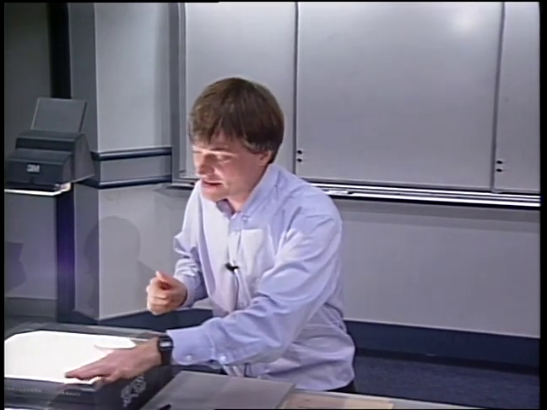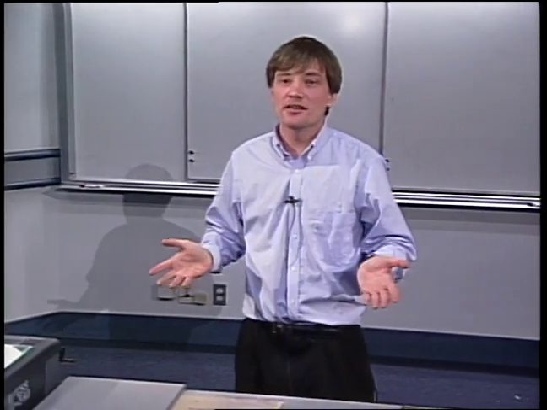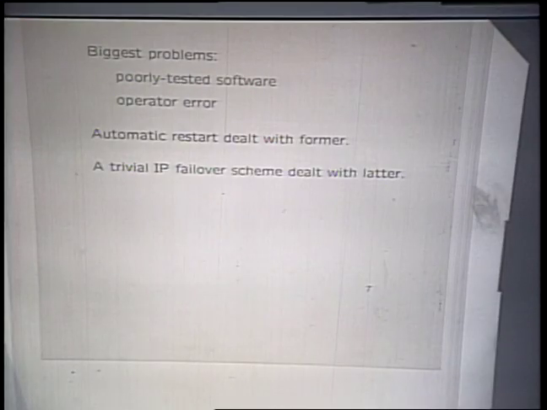Let me tell you about the front ends. So these basically worked. HTTP service is really easy. You don't need very many CPU cycles. You can just throw ordinary workstations at the problem, and it's no problem. So our biggest problems were poorly tested software and operator error.